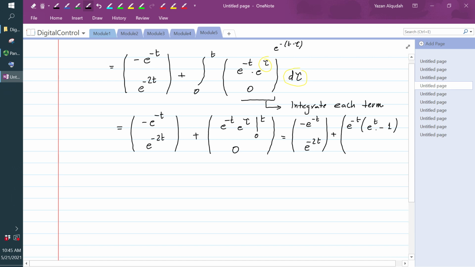T is going to give me e to t, 0 is going to give me, I substitute 0 in tau, is going to give me a 1. Okay, the second is a 0.